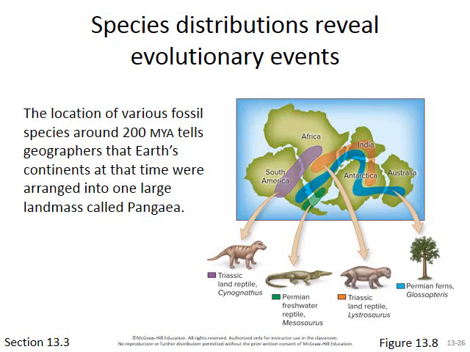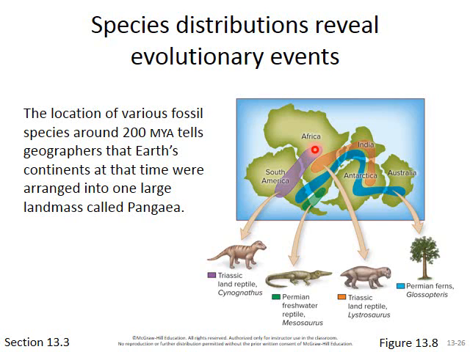So the distribution of particular species fossils can reveal evolutionary events. And so when we look at fossils found in both South America and in Africa, we might wonder how that happened.